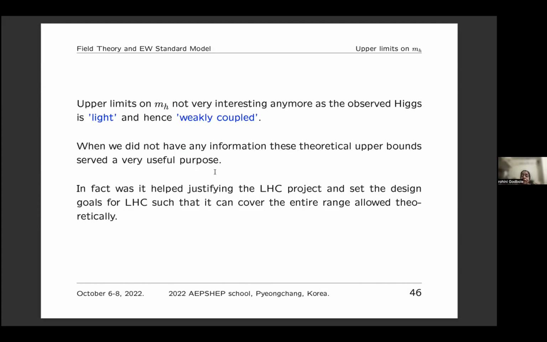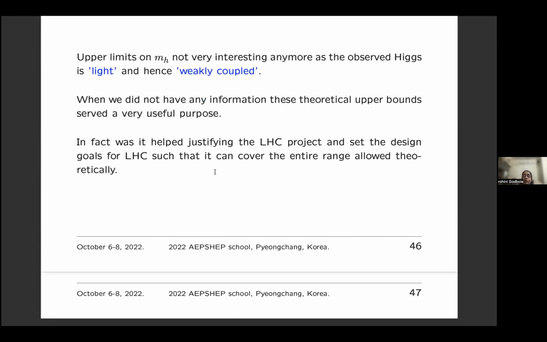Because when the LHC target was defined and justified, one of the justifications was that the LHC project should be designed such that it can look for the Higgs all the way up to the upper limits given by various considerations in the standard model. So let me take a few minutes now to tell you how those upper limits are arrived at.